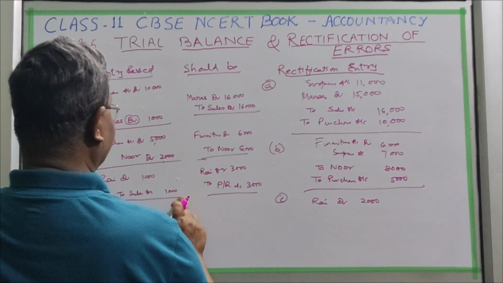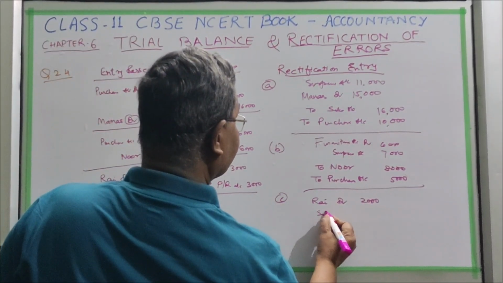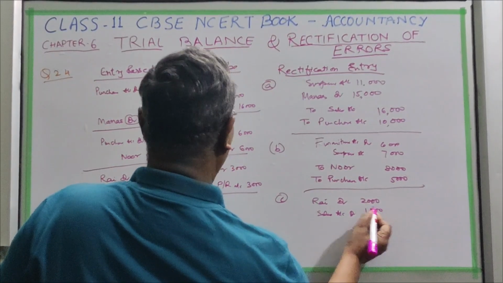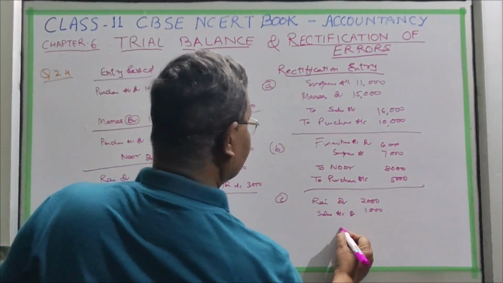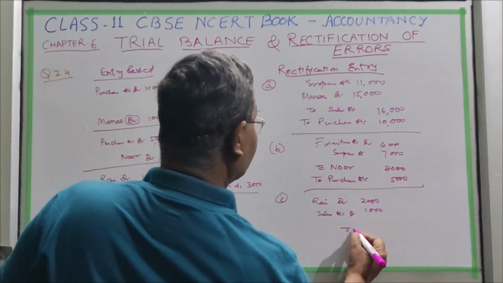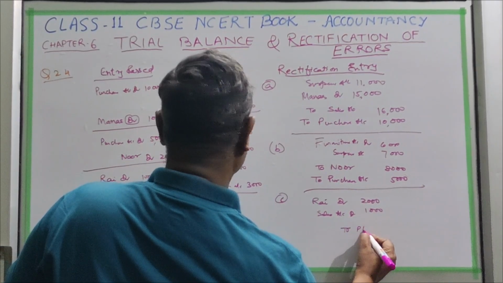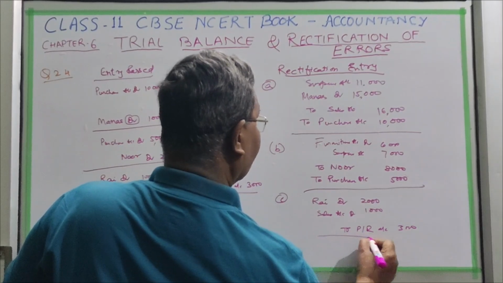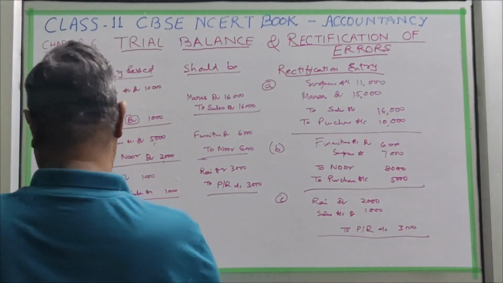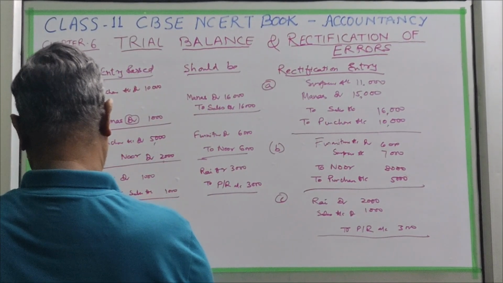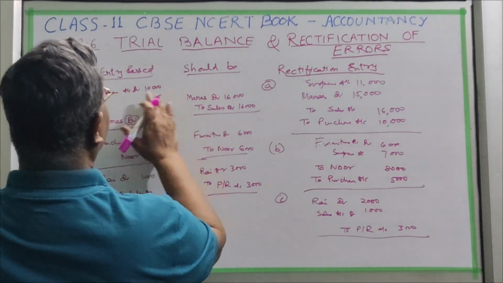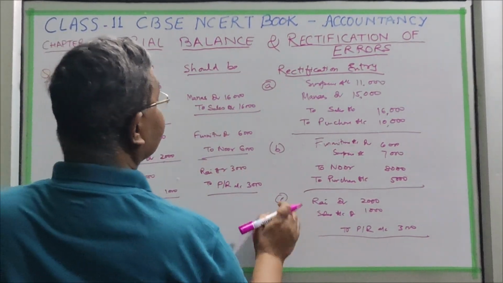Sales wrongly credited, so debit sales account 1,000. Purchase return, this you have not done. To purchase return account 3,000. So now question D. So this I will remove and we will go to further part.